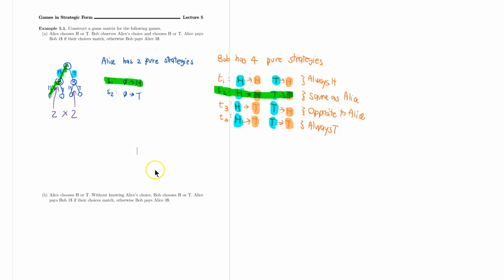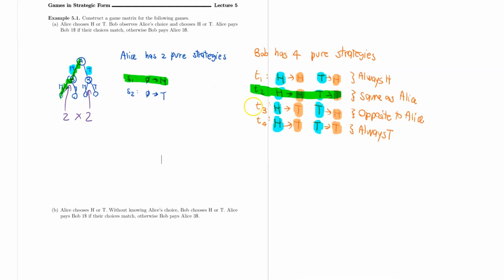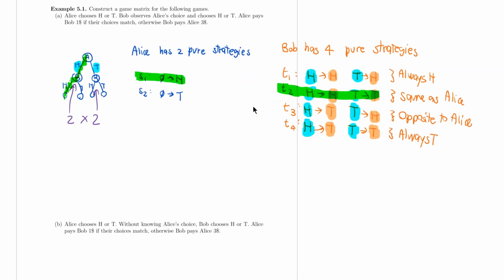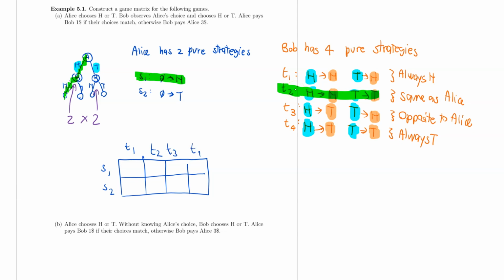We can see that Alice has 2 pure strategies and Bob has 4 pure strategies. So my matrix here is going to be 2 by 4. The pure strategies for Alice are S1 and S2, and the pure strategies for Bob are T1, T2, T3, and T4.